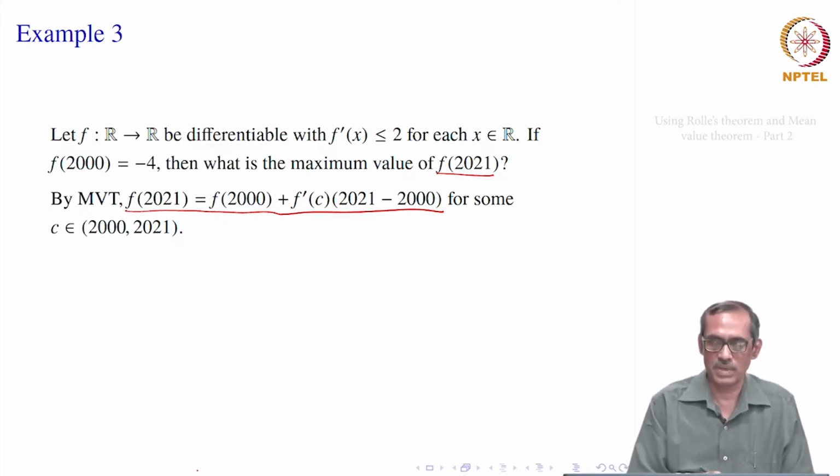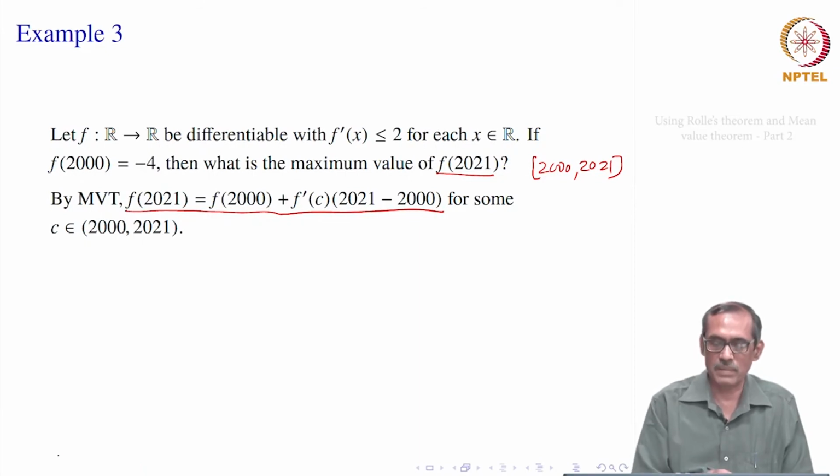That is what the mean value theorem says. We are applying the mean value theorem for the function f, which is defined over the closed interval 2000 to 2021. We know it is differentiable in the open interval and continuous on the closed interval. So, that is how the mean value theorem is applicable.